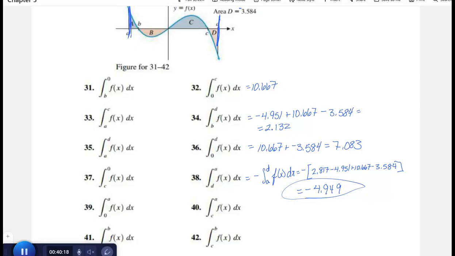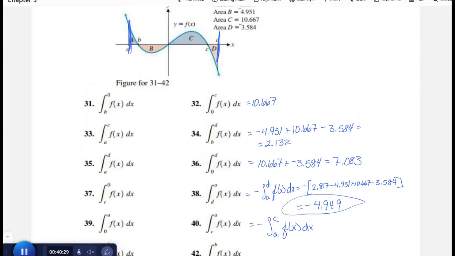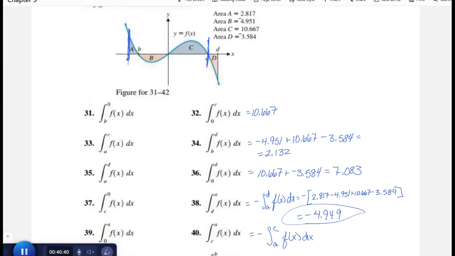Let's look at 40. Again, those limits of integration are backwards, so we have to change that sign. And now we're just going from A to C. So A to C are going to be regions A, B, and C. Region A is 2 point, forget the negative, 2.817.